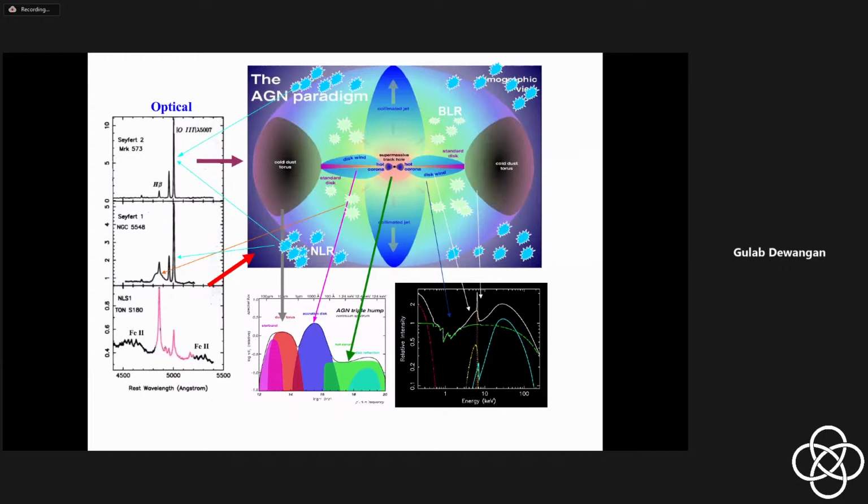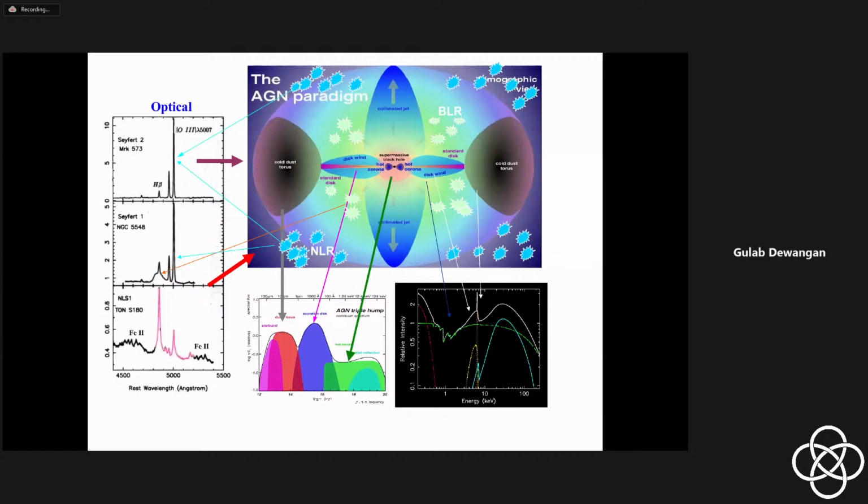At the center, there is a supermassive black hole with a mass in the range of 10 to the power 5 to 10 to the power 10 solar mass. This supermassive black hole may or may not be spinning, and of course there is lots of material in the galaxy, so it accretes material from the galaxy.